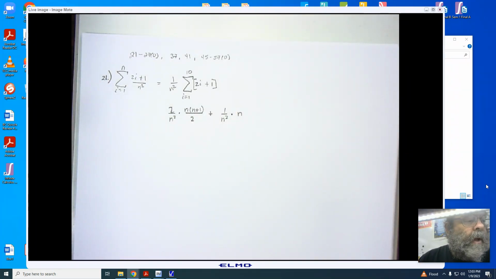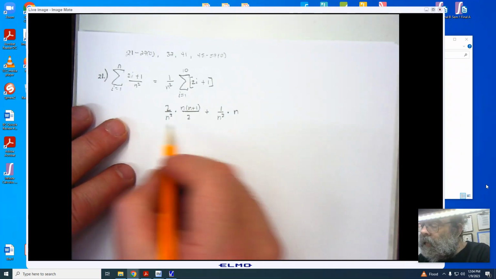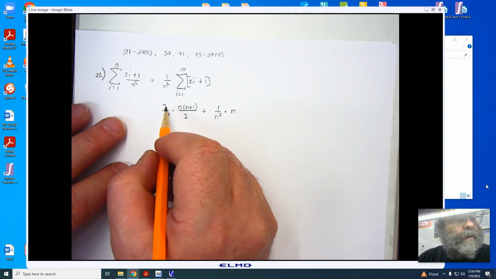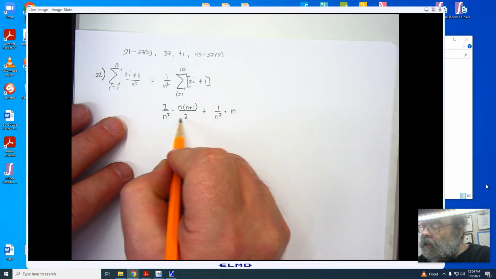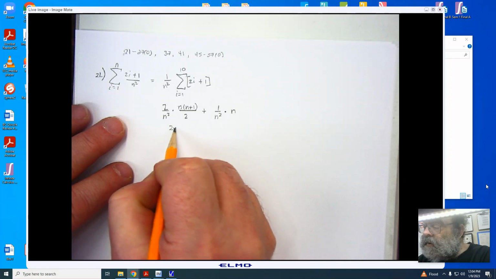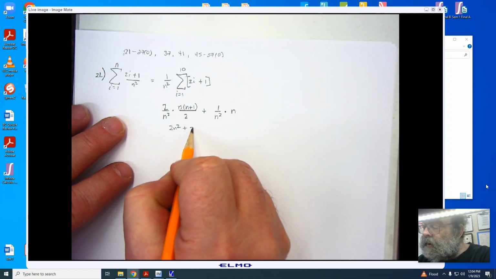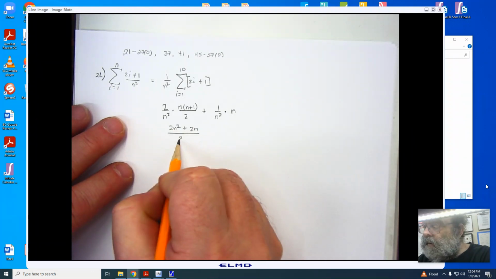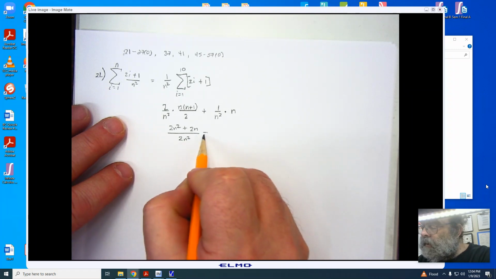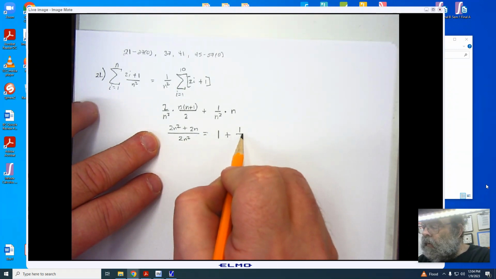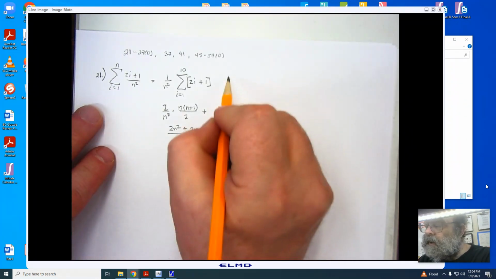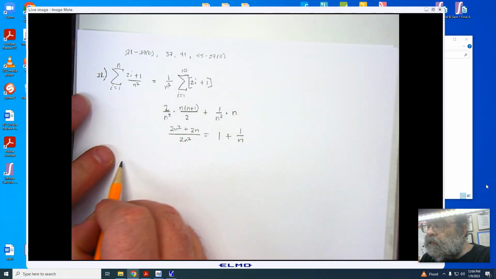So let's simplify this as far as we possibly can. This is going to give me 2n squared plus 2n divided by 2n squared, and that's going to give me 1 plus 1 over n. So that's what this is going to equal.